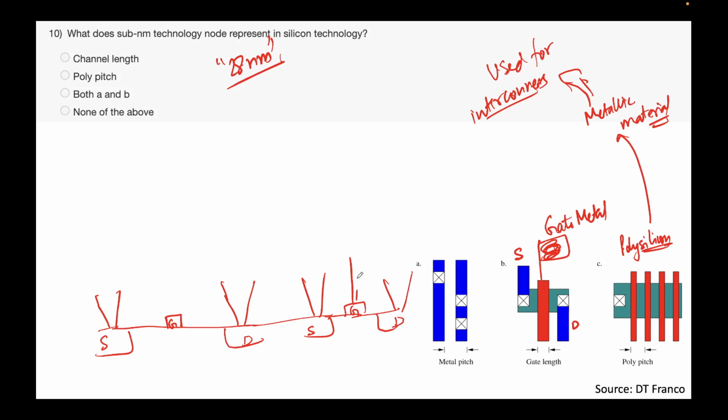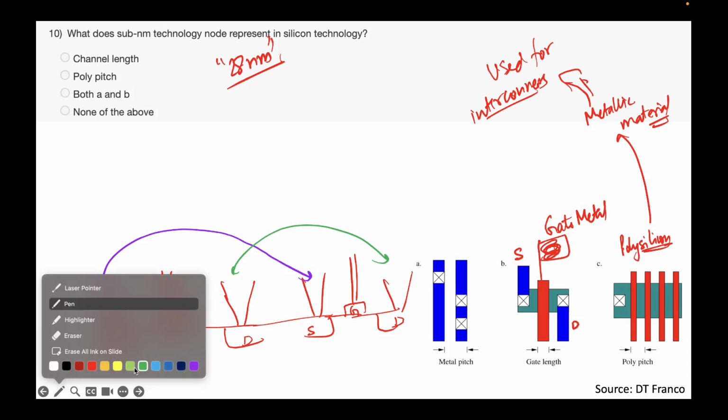You route this in such a fashion that there's a highly complex, whole field of designing the layout, right? You want to connect, let's say, source to source. It will be difficult to show here, but you want to connect this to this. Also, you want to connect drain to drain, and finally gate to gate.